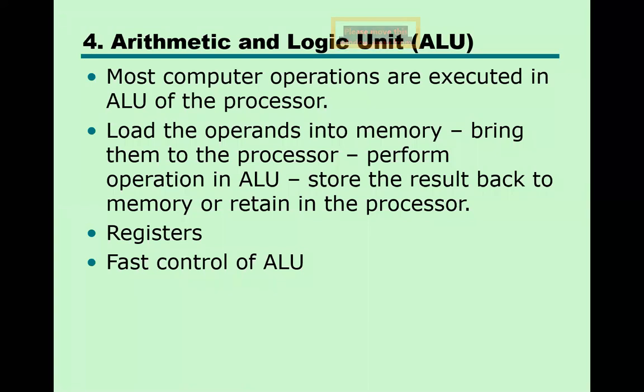These two operands are loaded into the primary memory, then brought into the processor for execution. Then the ALU performs the operation on operands A and B, and stores the result back into the memory or in the processor. If the result is C, it will be stored into the memory, and from the memory it will be displayed on the output unit, and you will get the result.